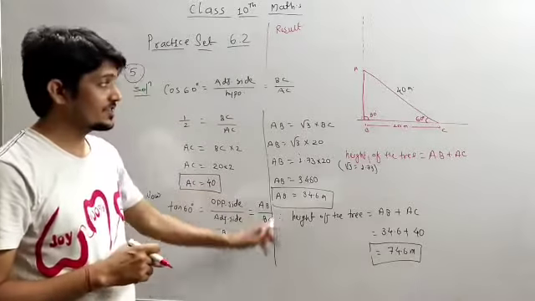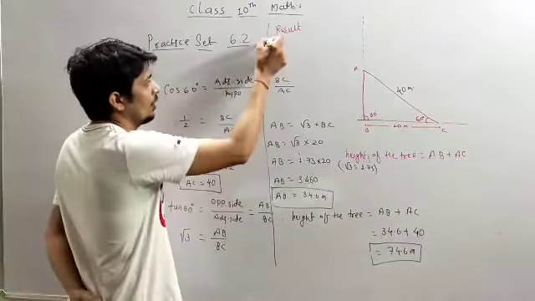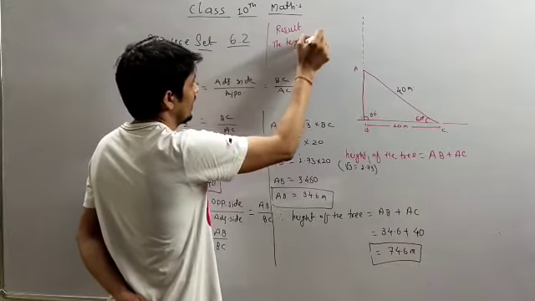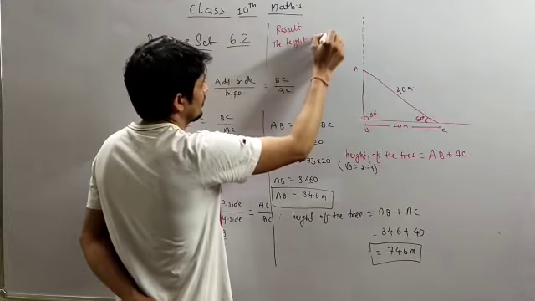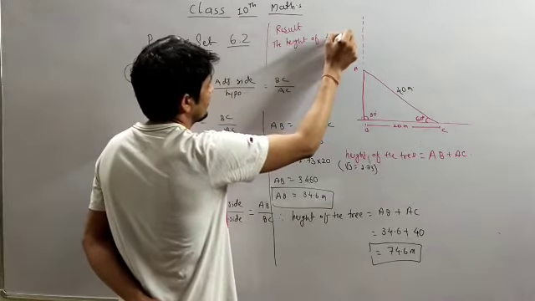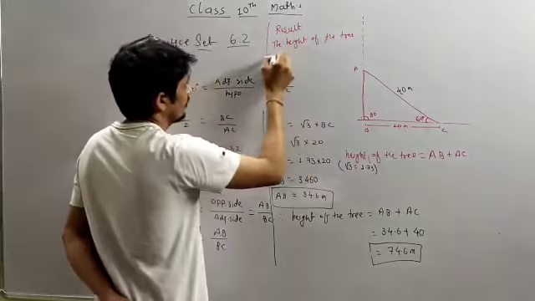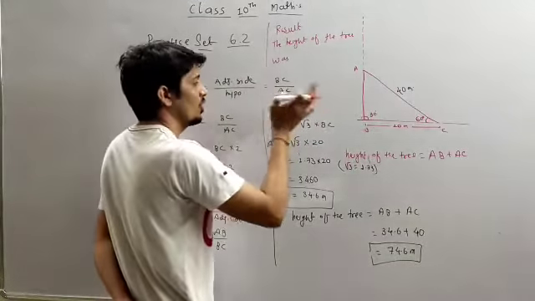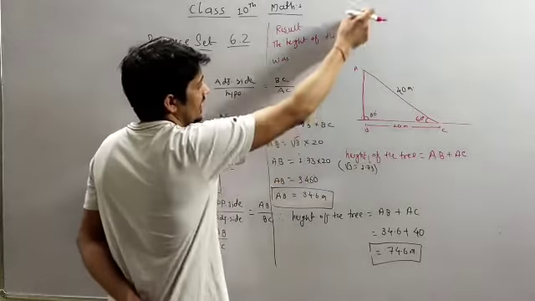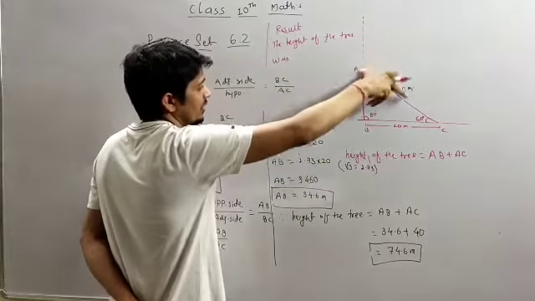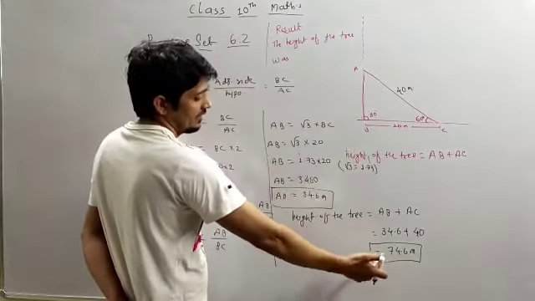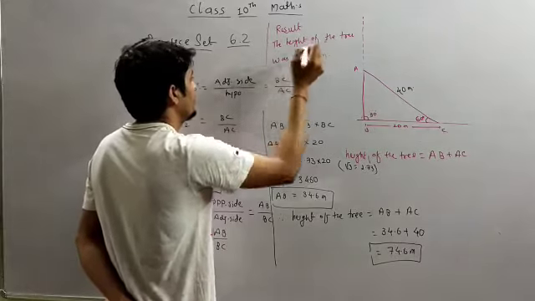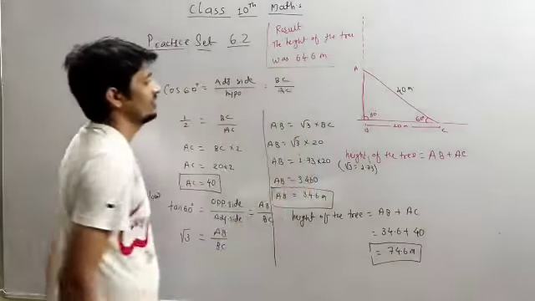Okay, there is no space so I am writing here. The height of the tree was, since it is broken now, we will say was, because earlier this was the height but now it broke. So what was its actual height? 74.6 meter. 74.6 meter. Okay, so this is the answer.